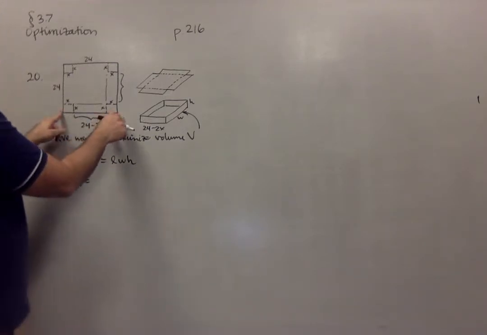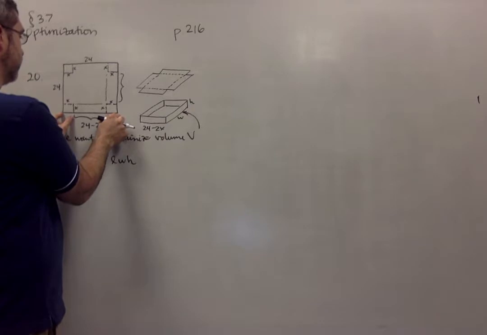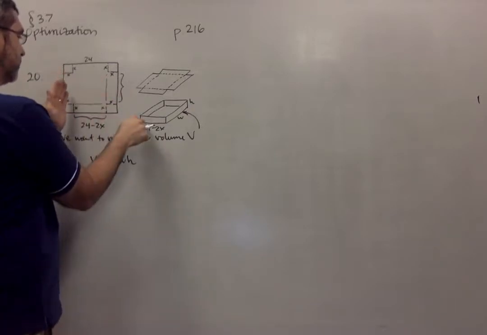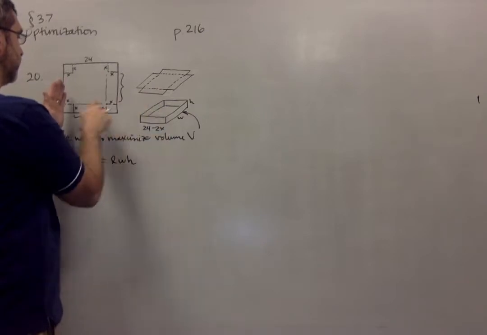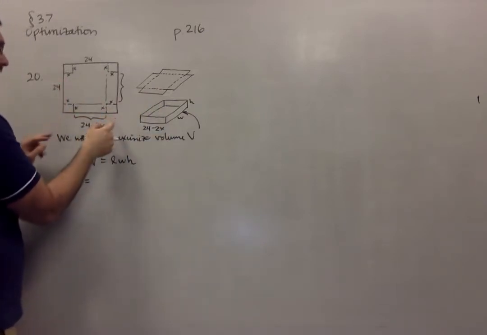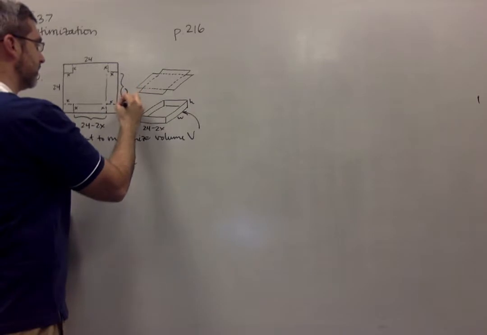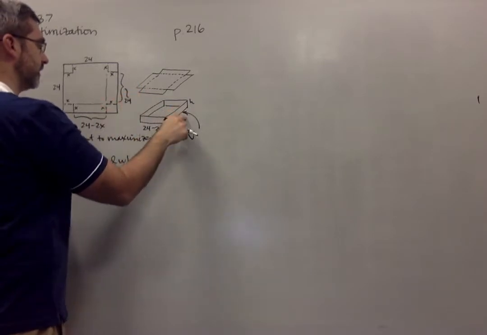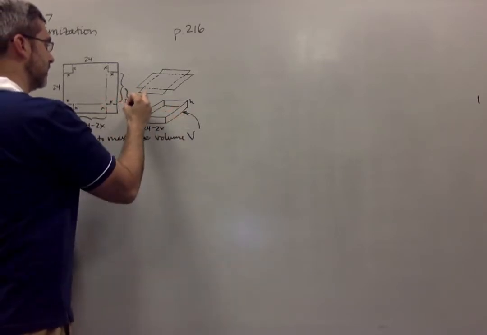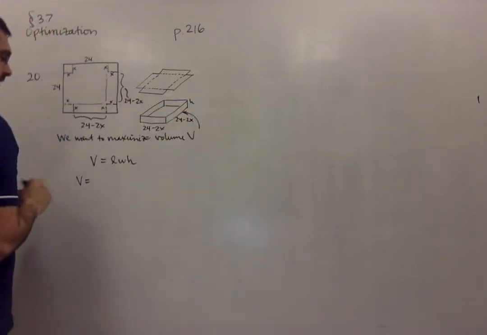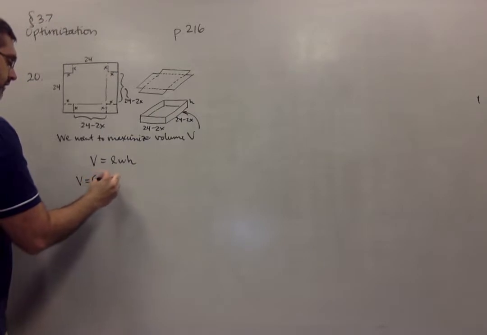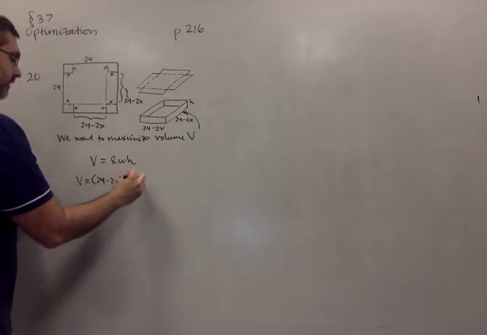This is 24. I'm pulling an x away, and then folding this up. So the width, this width right here, ends up being 24 minus 2x. Same thing for this width right here. So each of those is 24 minus 2x, 24 minus 2x.